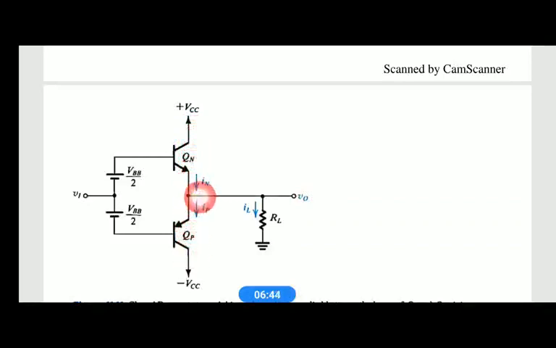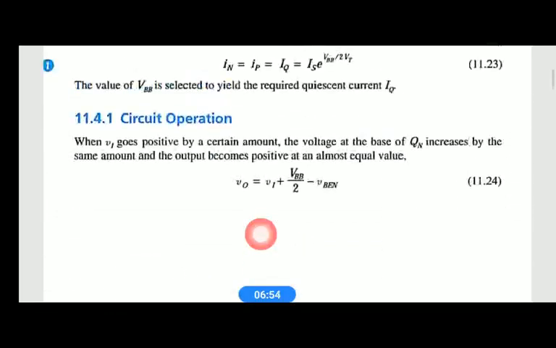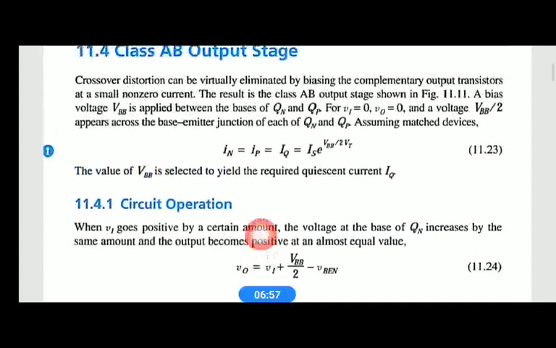So zero voltage is developed across the load RL. So IL is 0, and therefore the output voltage is 0 here. Okay, right? So therefore we can say that the current IN is equal to IP.